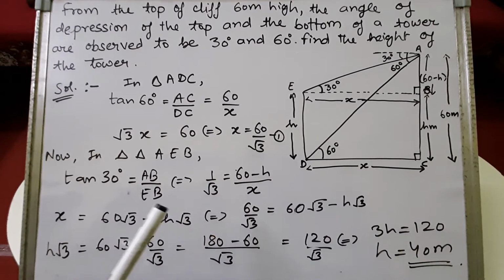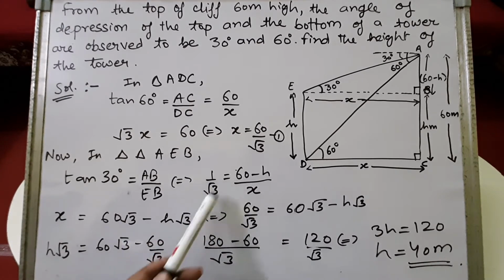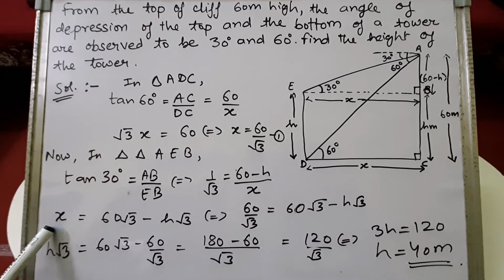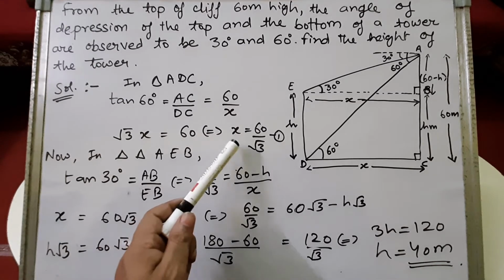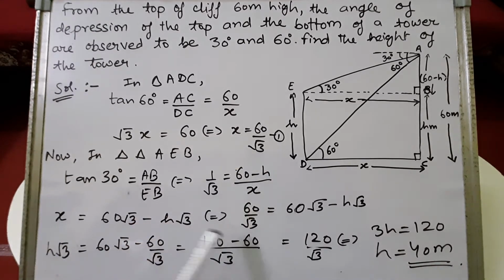Right. When we cross multiply X and root 3, it will become X equals 60 root 3 minus h root 3. Now we substitute the value of X that we have calculated, 60 upon root 3, in place of X. So 60 upon root 3 equals 60 root 3 minus h root 3.